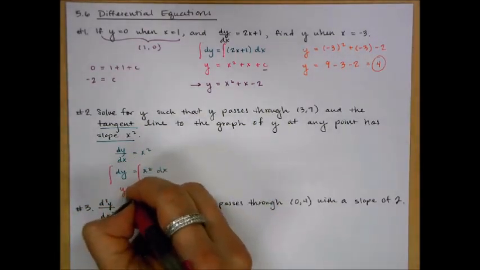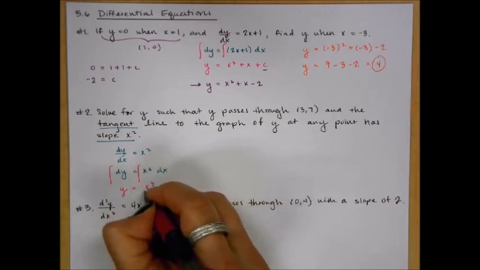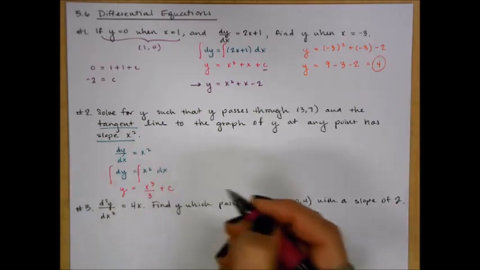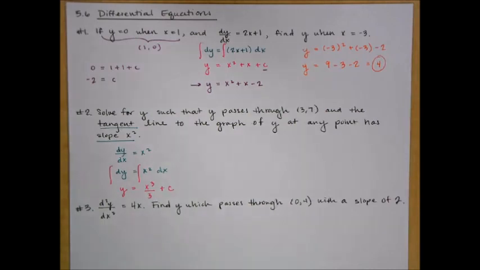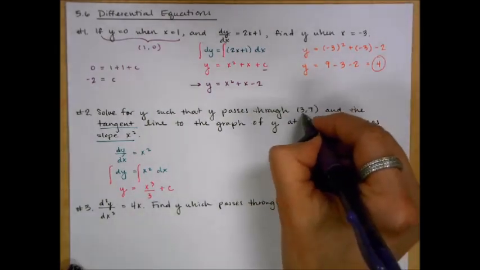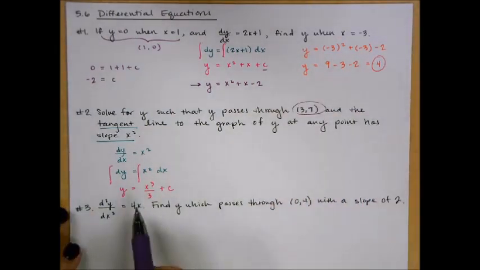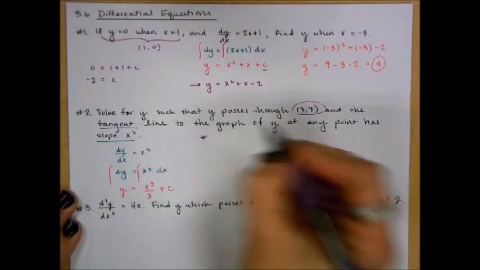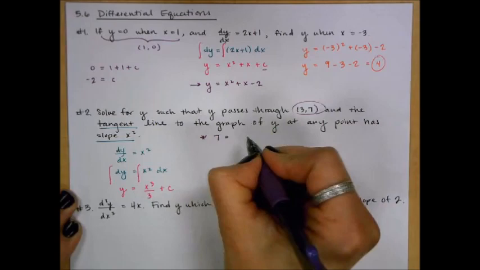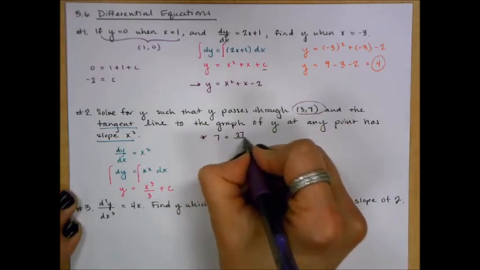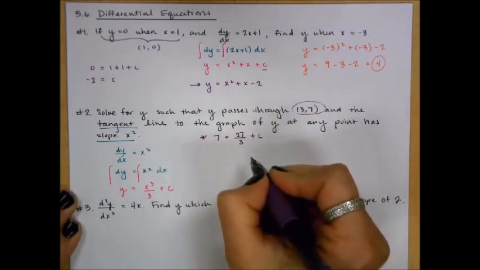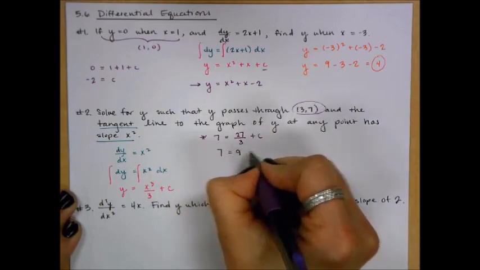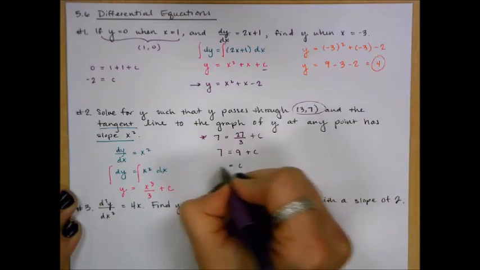So y is x cubed over 3 plus c. The initial condition given in this problem is 3, 7, so this is a point contained here, and we'll plug those values in to find the value of c. So I have 7 is equal to 3 cubed divided by 3 plus c, and c is negative 2.